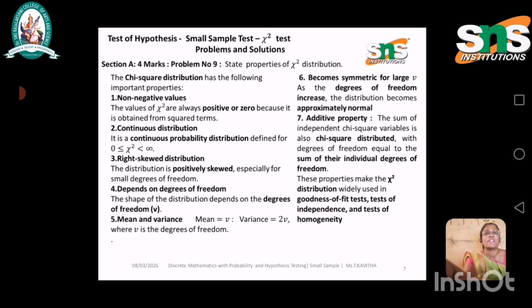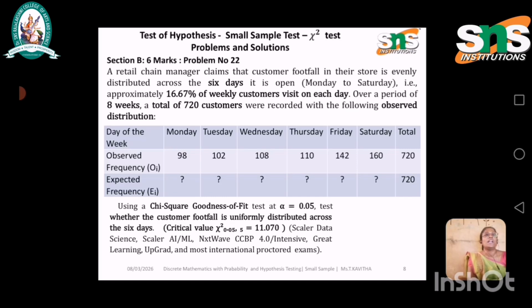The next problem: a retail chain manager claims that customer footfall in their store is evenly distributed across the 6 days it is open, Monday to Saturday, that is approximately 16.67% of weekly customers visiting on each day. Over a period of 8 weeks, a total of 720 customers were recorded with the following observed distribution.